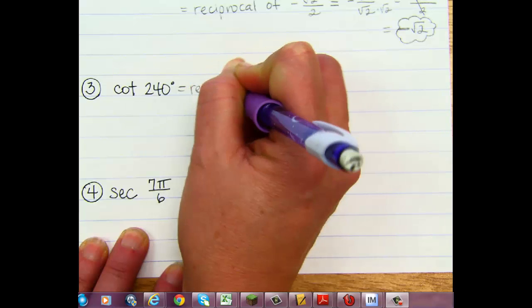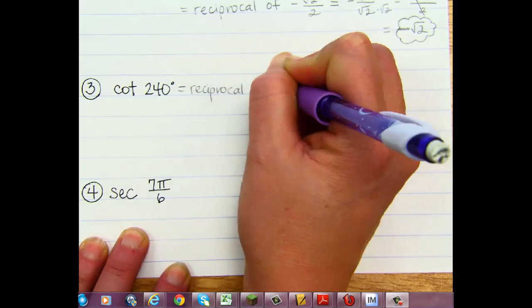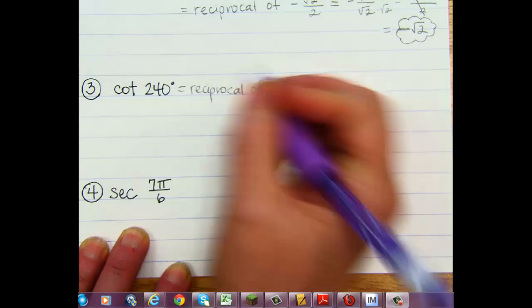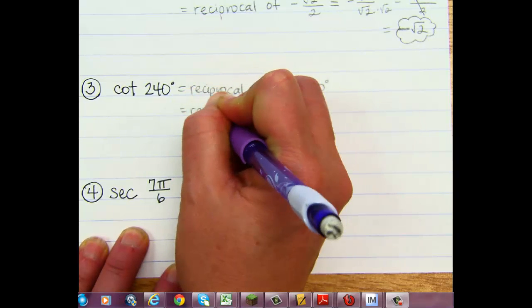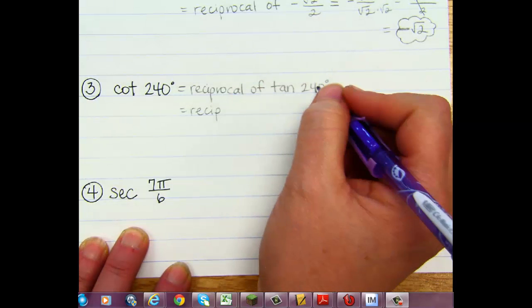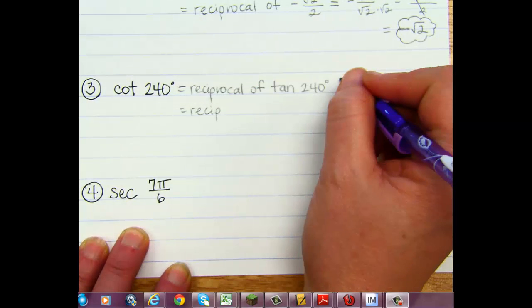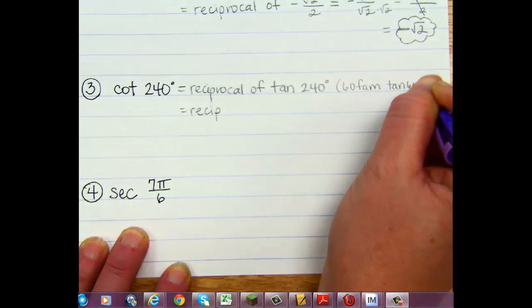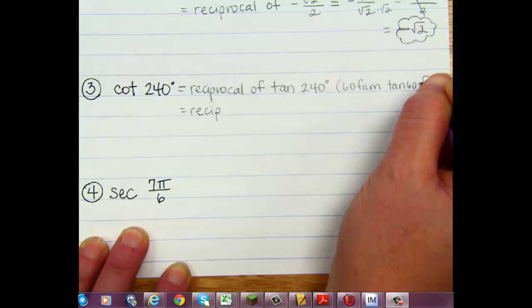Cotan 240 is the reciprocal of the tangent of 240. Again, we need to know our unit circle. Tangent of 240. 240 is a child of 60. The tangent of 60 is the square root of 3. Now, 240 degrees is down in quadrant 3.